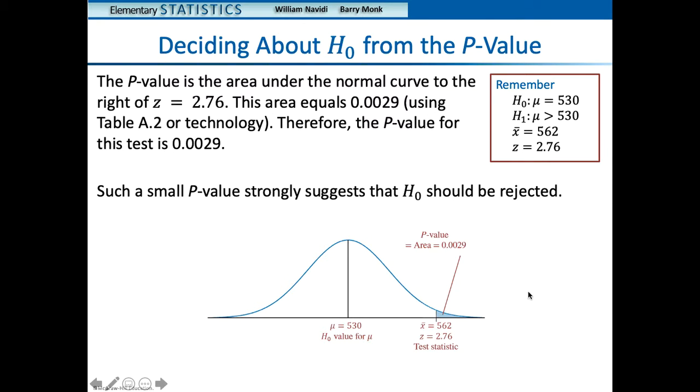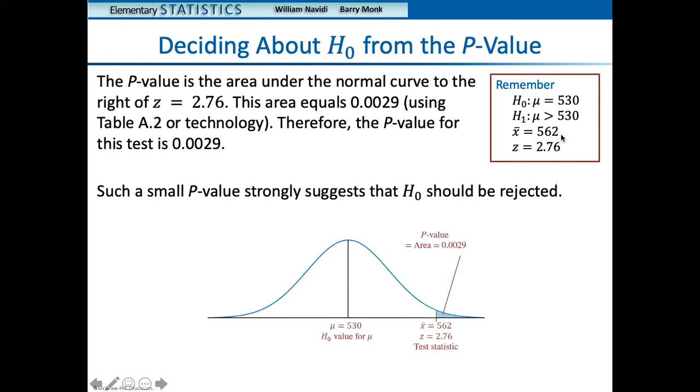This area, we refer to as the p-value. Again, that is specific terminology that we use for hypothesis testing, right? But it refers to a specific area under a normal curve. And this also makes it a little more apparent why we use language like right-tail test or left-tail test, right?